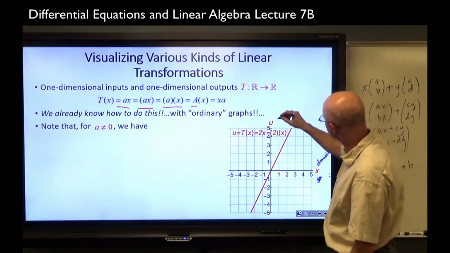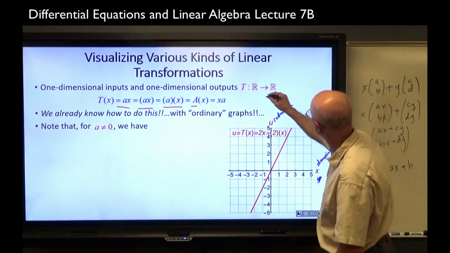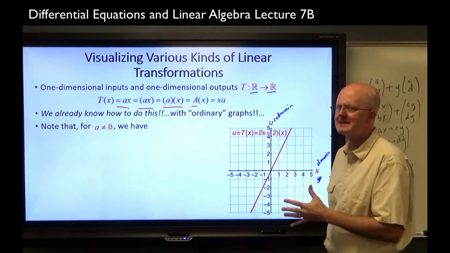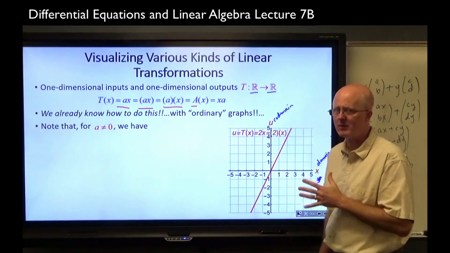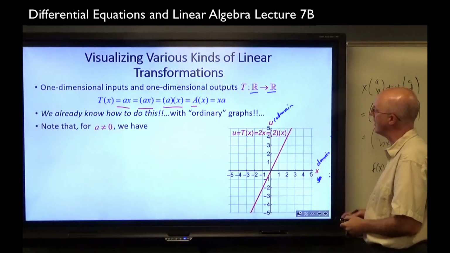And you're going to want to think of the vertical axis as being the codomain. We're going from R to itself. You don't want to think about the plane itself as being the domain or codomain. For the next example, I think, the plane will be one of those two, the domain or codomain. But for this, you don't.